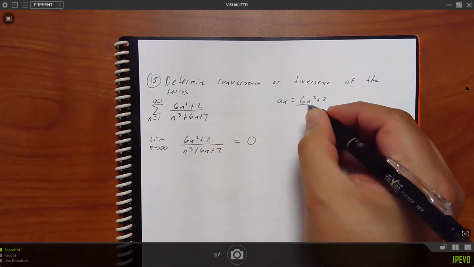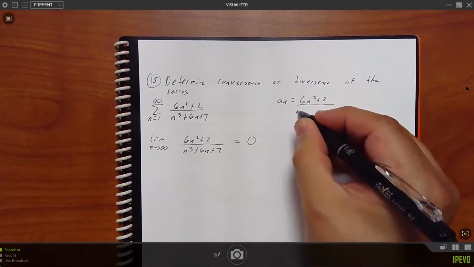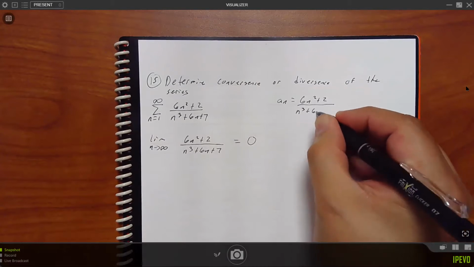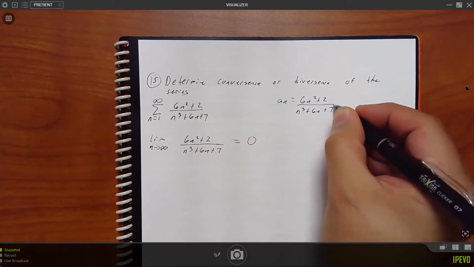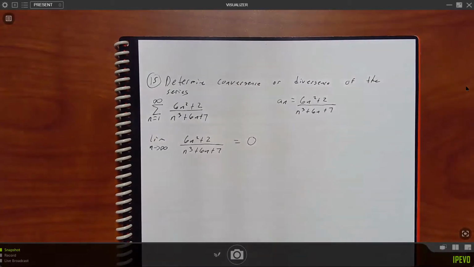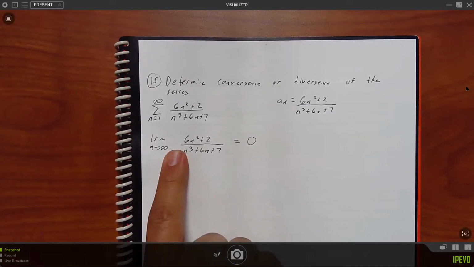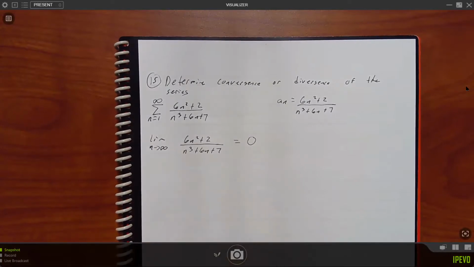What tests do we have? Like 20 of them, right? So we got the nth term test, which is what we just tried. Didn't help us. You know, geometric, if it's a geometric, which it's not, right?